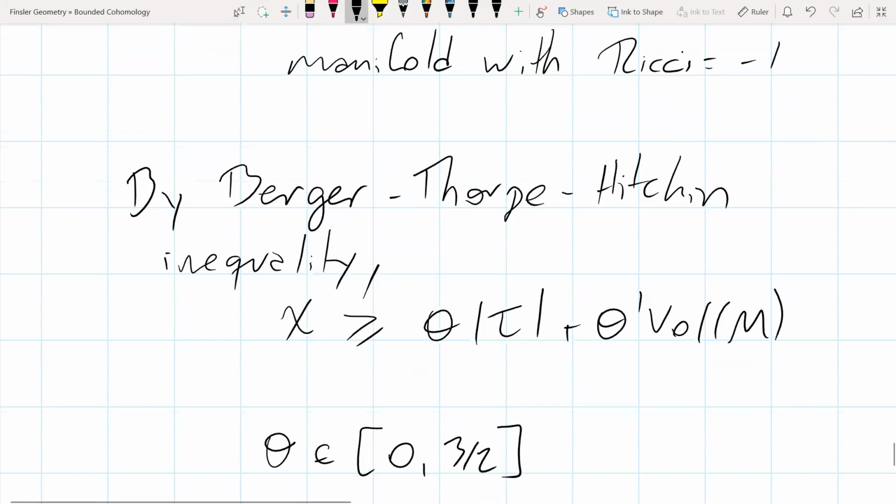If it is exactly 3/2, then we have the inequality that we proved. And theta prime is going to be 1/48π² minus theta squared divided by 108π².